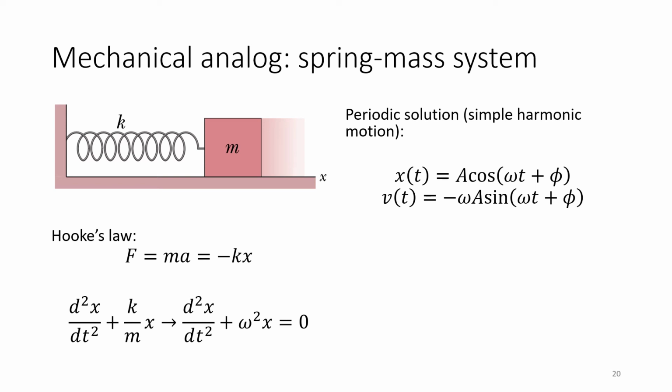Now, omega A is our expression for the maximum velocity of the system, and that occurs at the middle when the spring is unstretched. The added term phi is there just in case we start at some point that is not at its amplitude. But normally we just set it to 0 for simplicity, and it is 0 in this case because we start at the amplitude. Omega is actually the angular frequency, which makes it convenient, and is just equal to the square root of k over m.